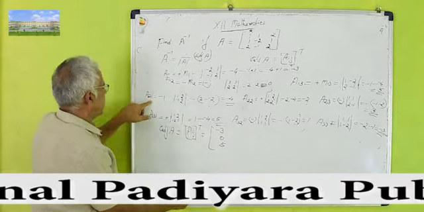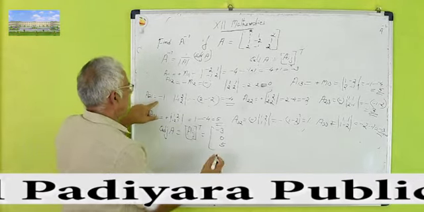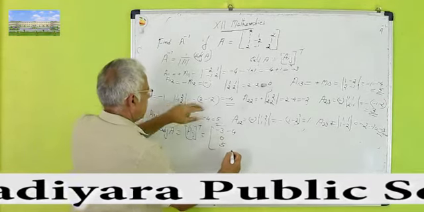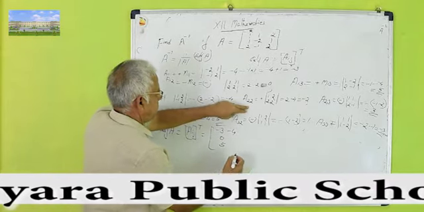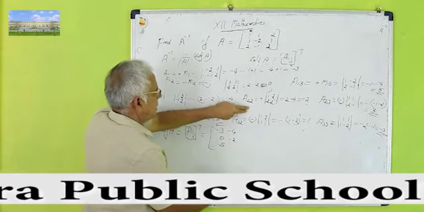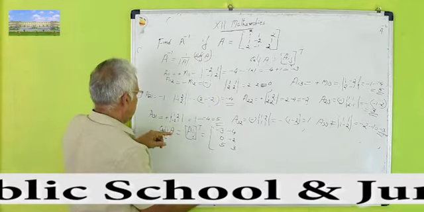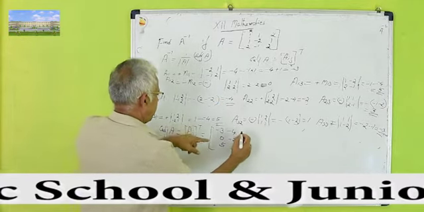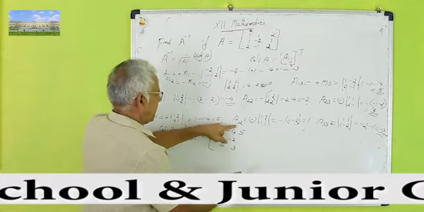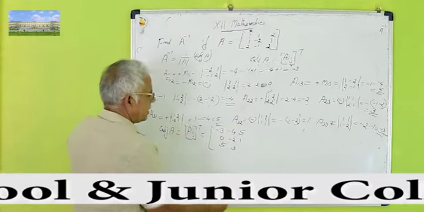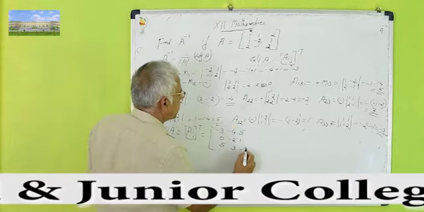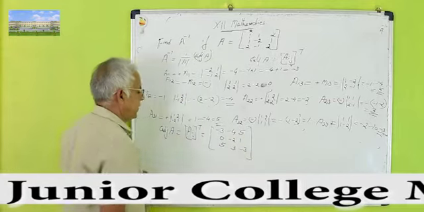Next column: A21 is -4, A22 is -2, A23 is 3. A31 is 5, A32 is 1, A33 is -3. This is the adjoint of A.